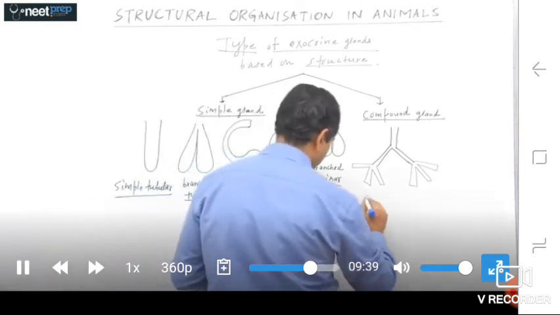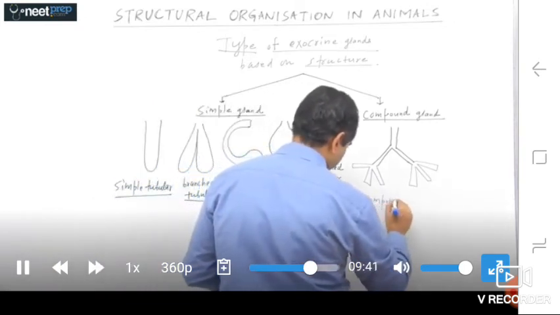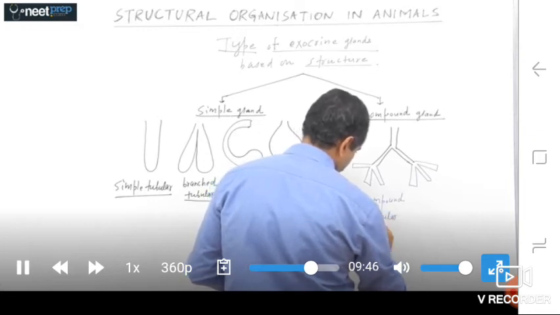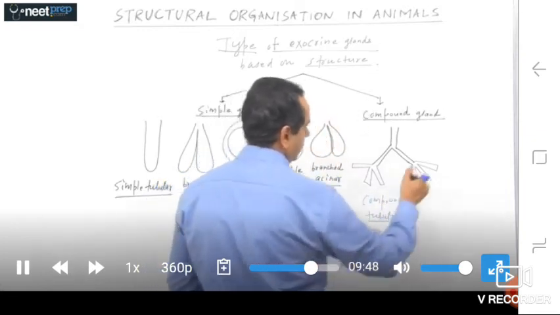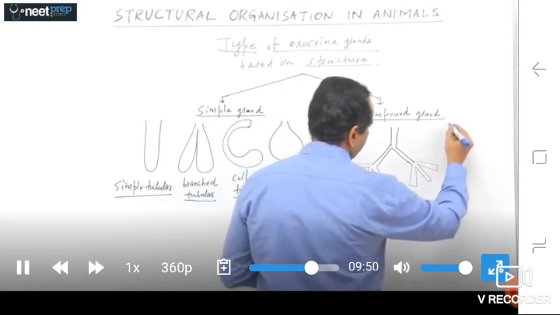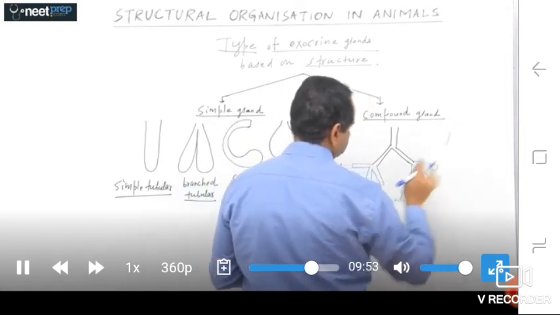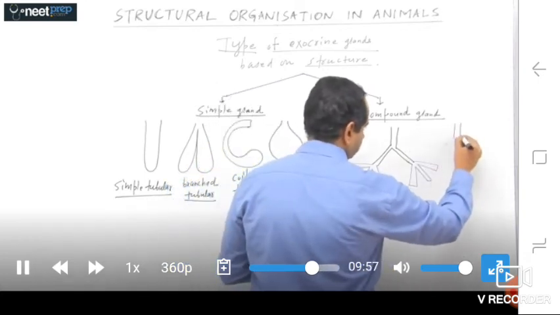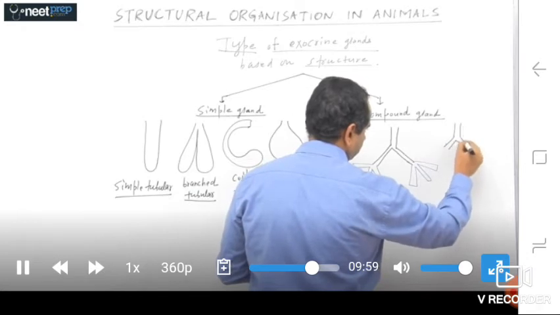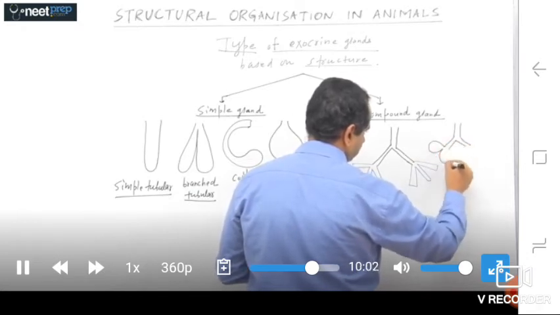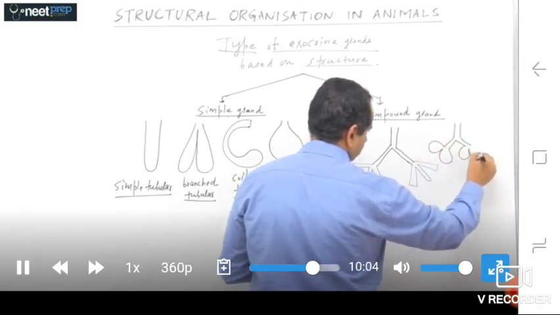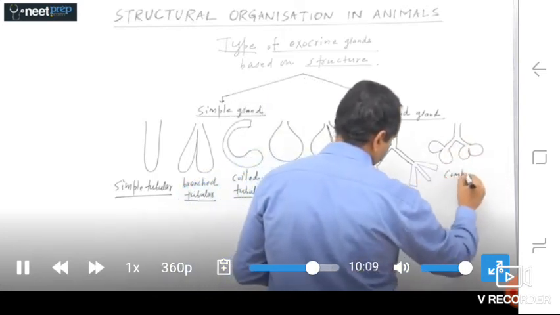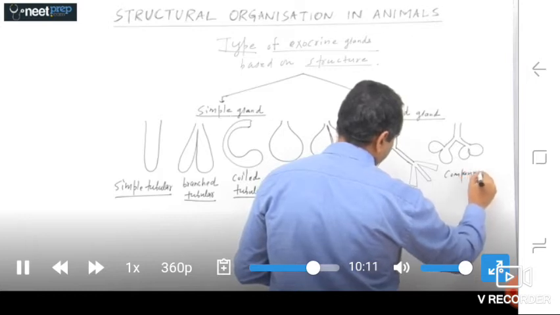This is called compound tubular, and this may be like this. This is called compound acinar.